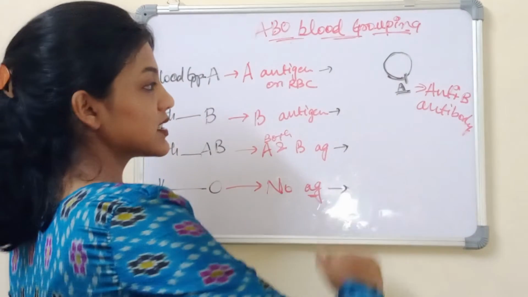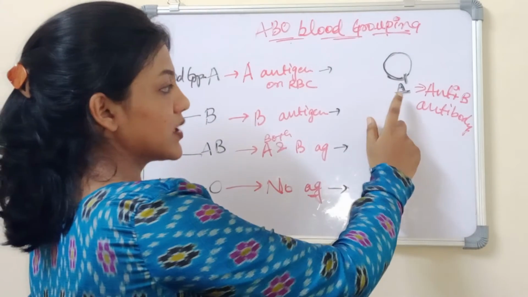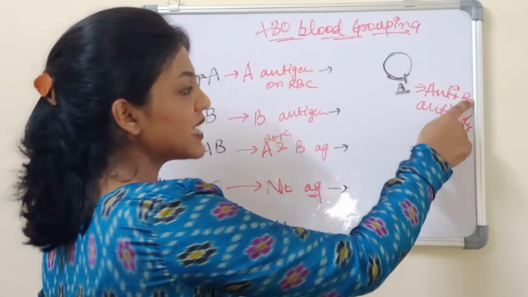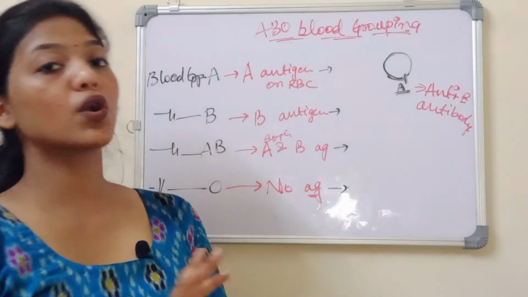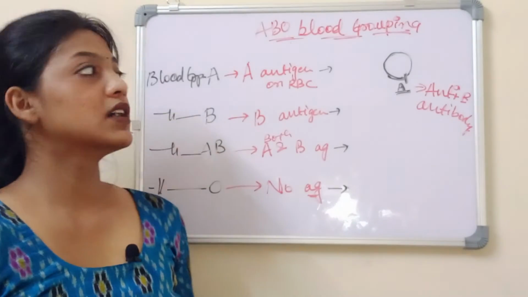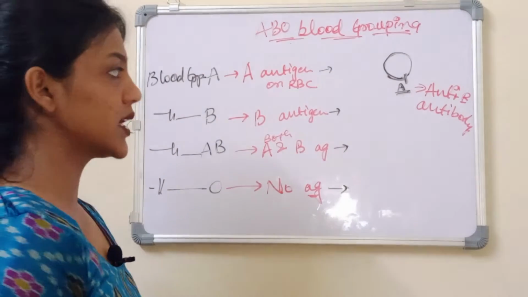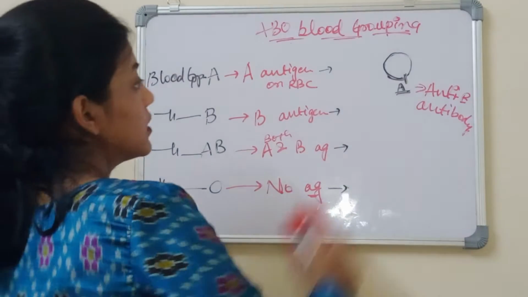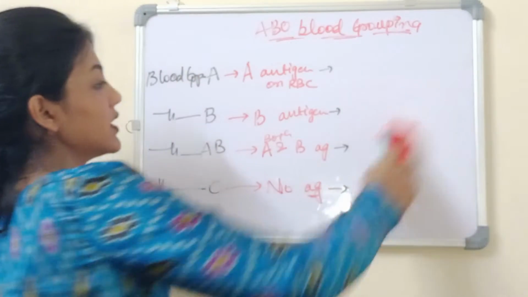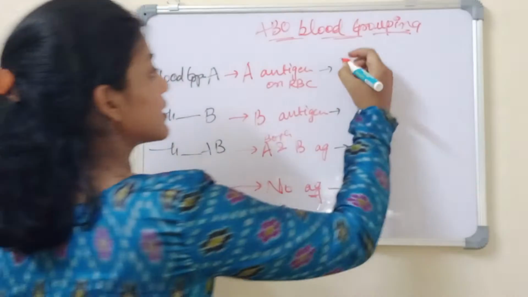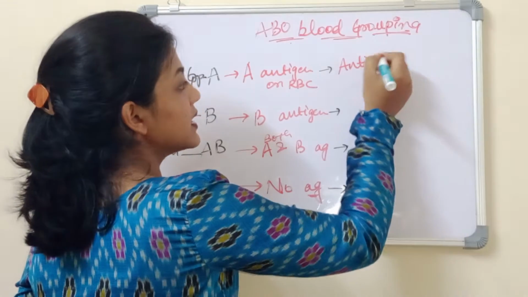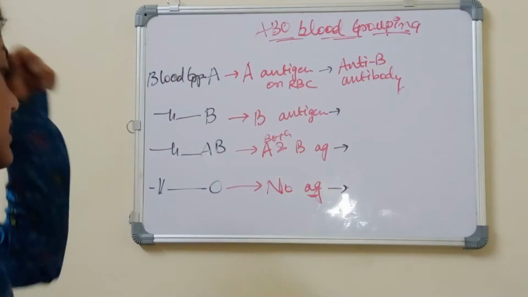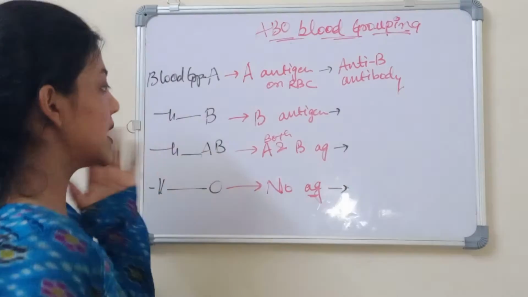So if this is present in the blood plasma of the person having blood group A, it will not bind to this, because it is against the B antigen, so there will be no clumping of the RBCs, and the person will be fine, right? So the person having A blood group has anti-B antibody.